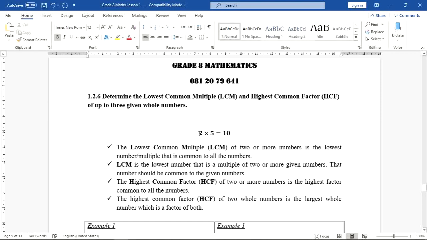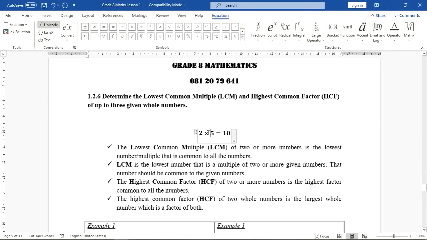So these two numbers, 2 and 5, are factors of 10. That's why 10 is a multiple of 2 and 5. So again, 2 and 5 are factors of 10. If I take 5, then I say 10 divided by 5, I'll get 2. 10 divided by 2, I'll get 5. So a factor is a number that divides into a number without a remainder.